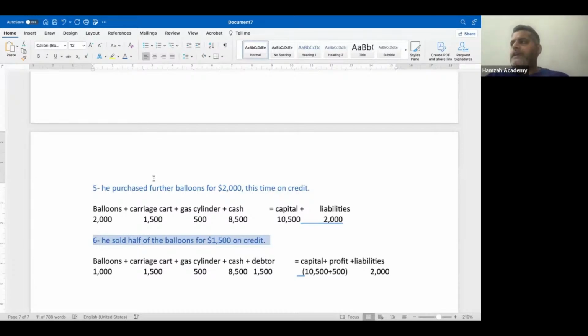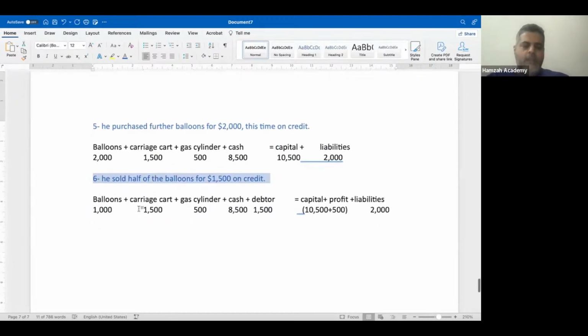If after any transaction, the accounting equation is not balanced, or the left-hand side is not equal to the right-hand side, what does it mean? It means there is a problem or there is an error, which you have to obviously see and rectify, right?